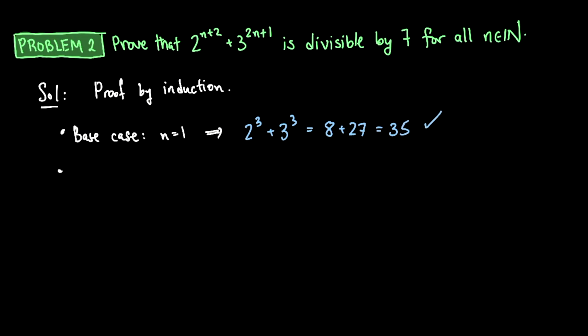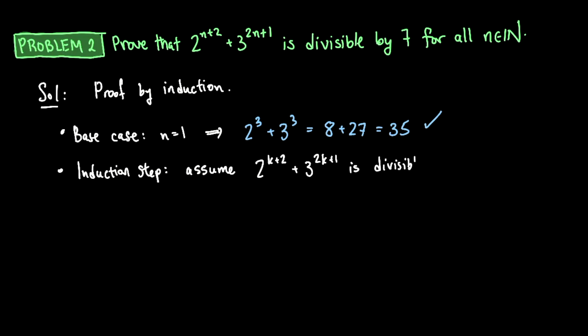All right, and let's try the induction step. For this, let's assume that we've already proven that 2 to the k plus 2 plus 3 to the 2k plus 1 is divisible by 7 for some k.